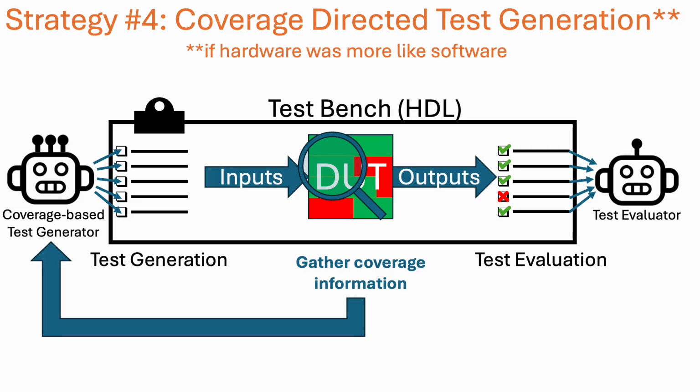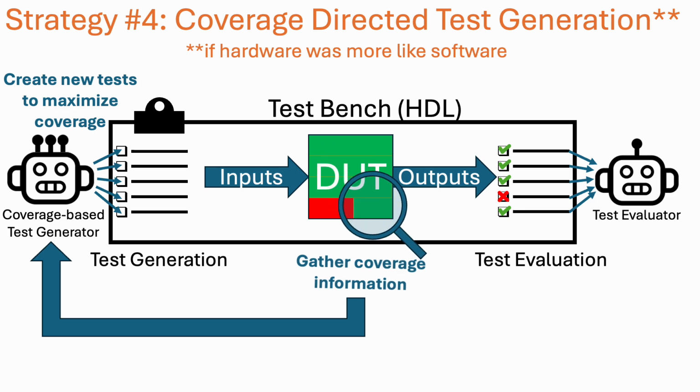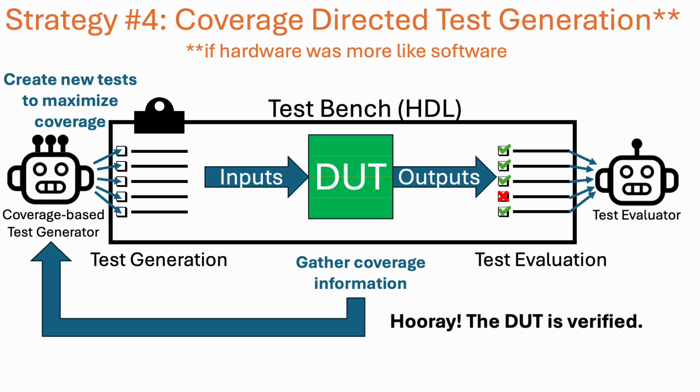Then if you feed that back into the test generator and mutate those good tests that are covering more of the code space, you can iterate over and over until this feedback loop has fully covered all of the code. And at that point, you're done.